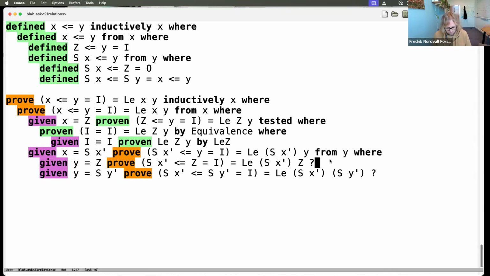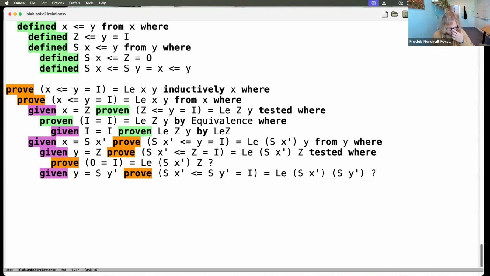So again, we are expecting that we can do a little bit of computation. So I will say test. And now we're being asked to show the equivalence of one very, very false fact with another very, very false fact.